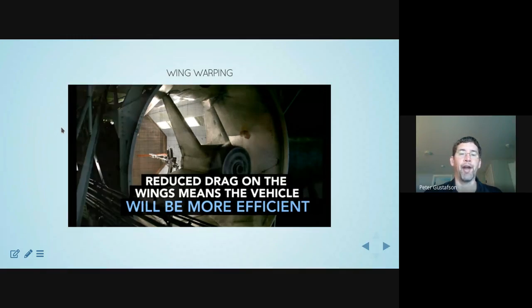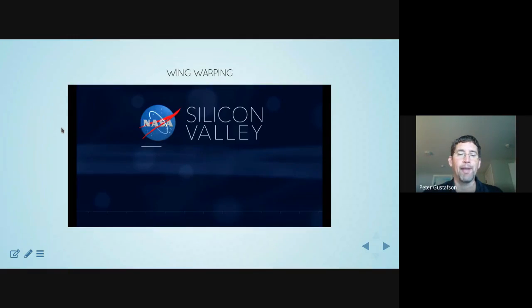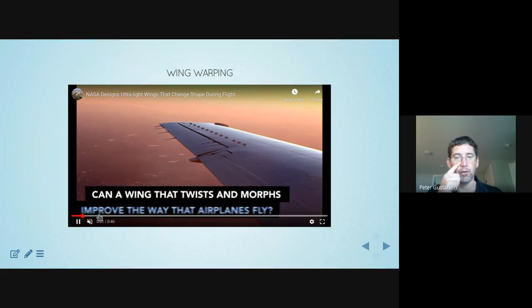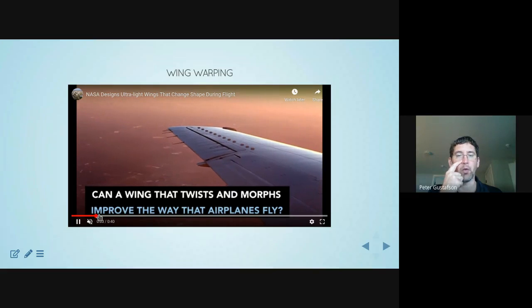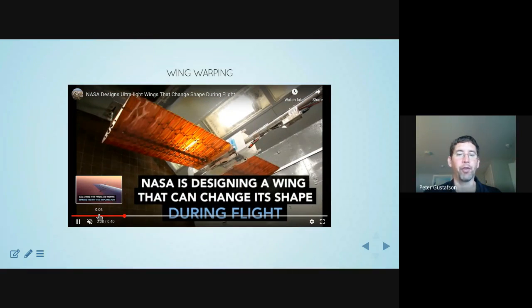So that's like 80 or 90 years. To get to the next generation of performant aircraft, one enabling technology may be wing warping. This little video just demonstrates wing warping for you. Essentially, we're going back 120 years to the Wright brothers.